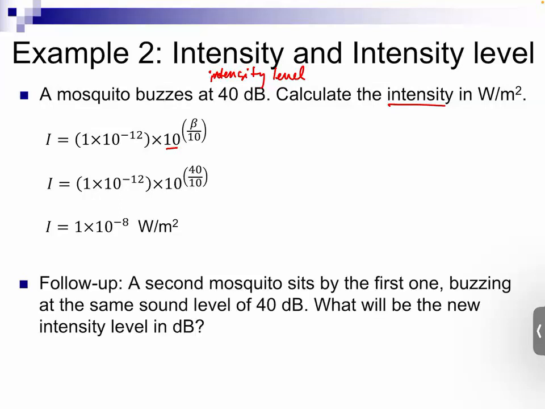Now, what if a second mosquito sits by the first one and is buzzing at the same sound level of 40 decibels? What will be the new intensity level in decibels?